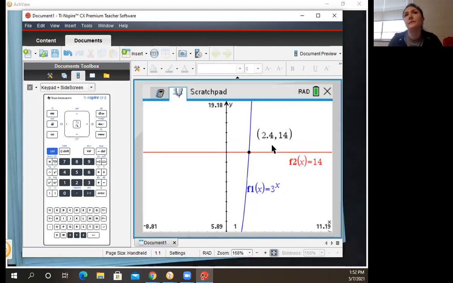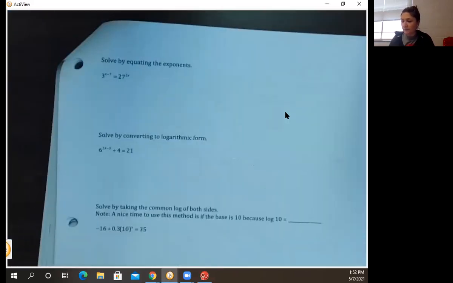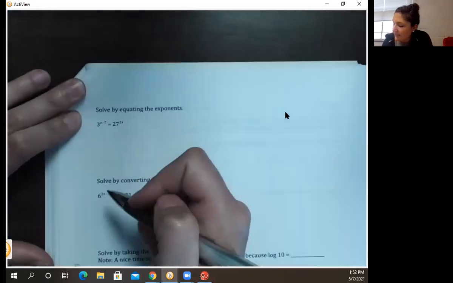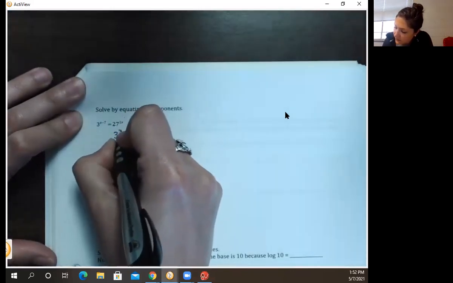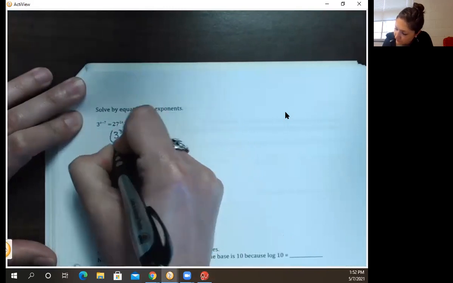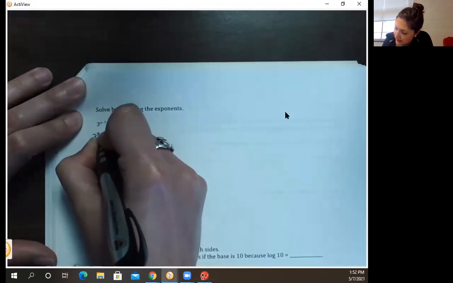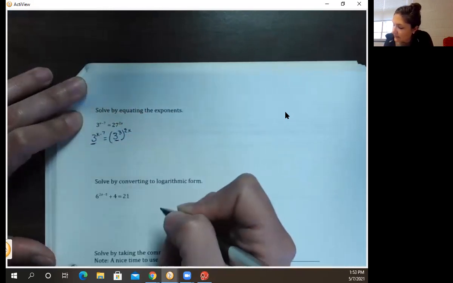Okay. So let's take a look at a few more examples solving our exponential equations. On the next page, at the top, this we can solve by equating the exponents. 27, I could rewrite as 3 to the 3rd power. So instead of 27, I'm going to use 3 to the 3rd power. And now the bases are the same here, so I can set the exponents equal.